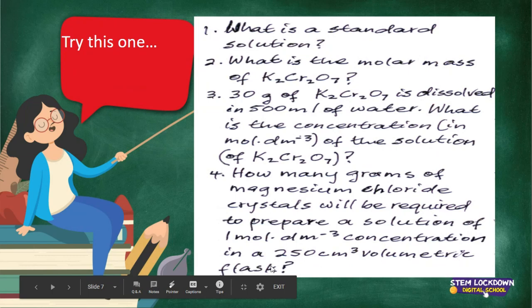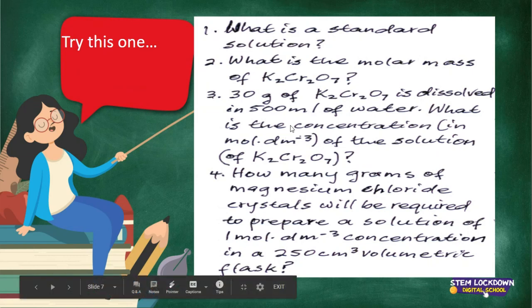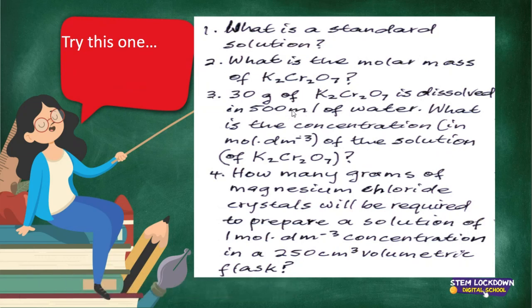Right. The other thing that I need to make you aware of is that for concentration, if the volume is given in milliliters, you still divide by 1,000 to convert to cubic decimeters.